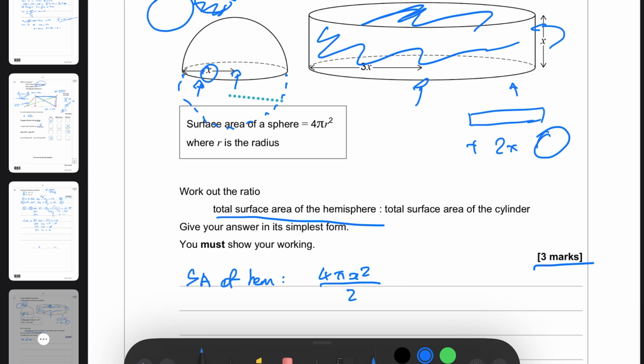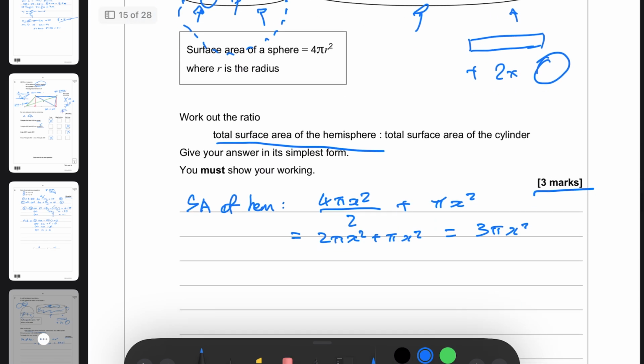Be careful with this, because it's not actually 4 pi x squared but divided by 2. Plus pi x squared for the area of the circle underneath, which gives us 2 pi x squared plus pi x squared, which is 3 pi x squared. Right, so this is what we have.